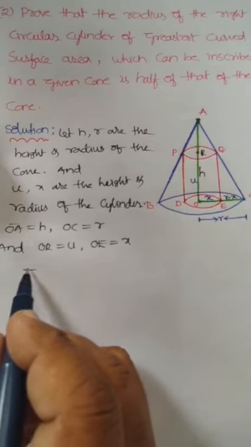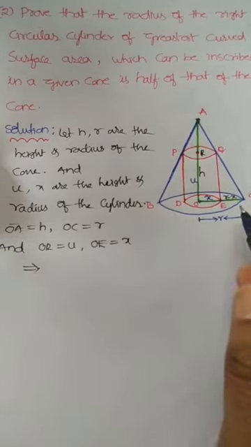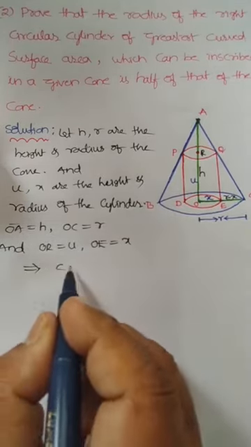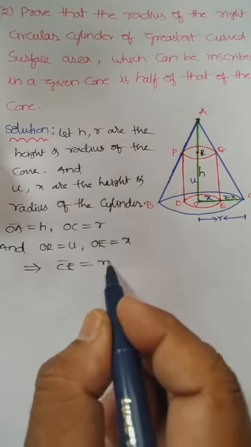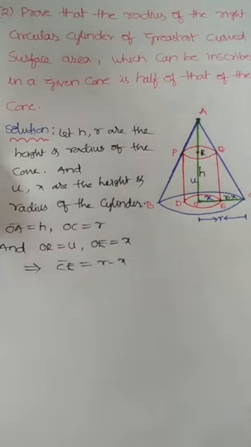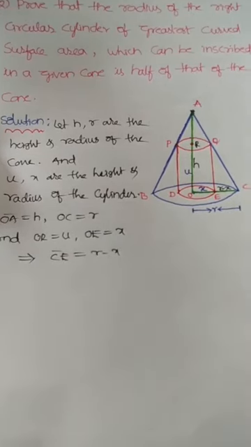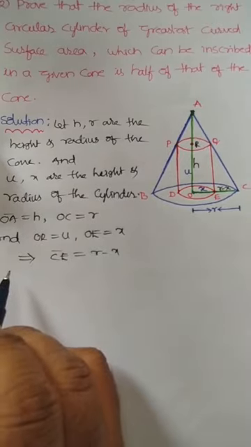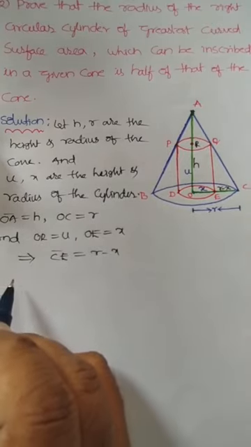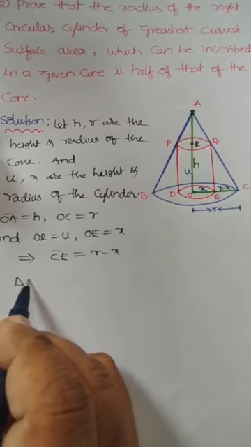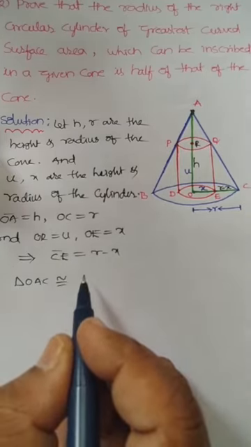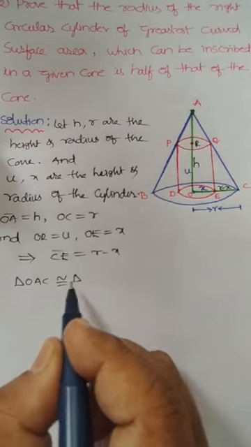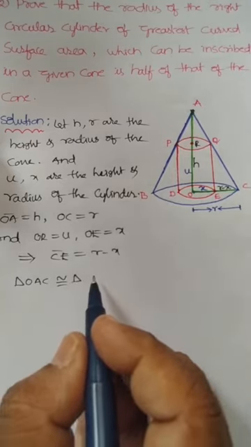That implies CE bar is equal to r minus x. As we discussed about these two triangles, right angle triangle OAC is similar to right angle triangle QEC.